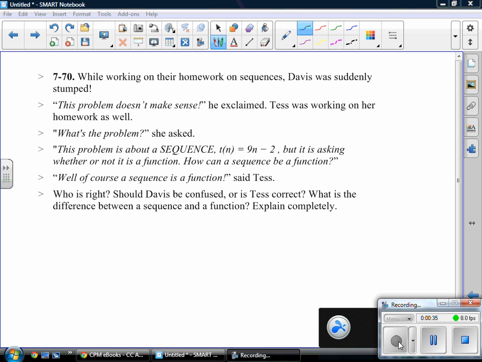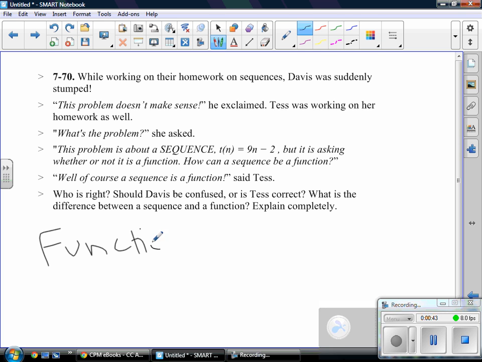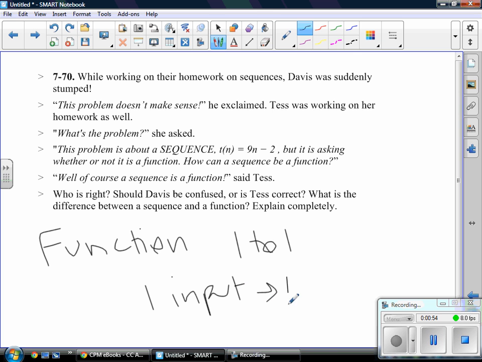Explain completely. Well, let's start with our oldest thing, which was a function. What is a function? A function is something that is a 1-to-1 ratio. So that means if I have one input, I get one output.